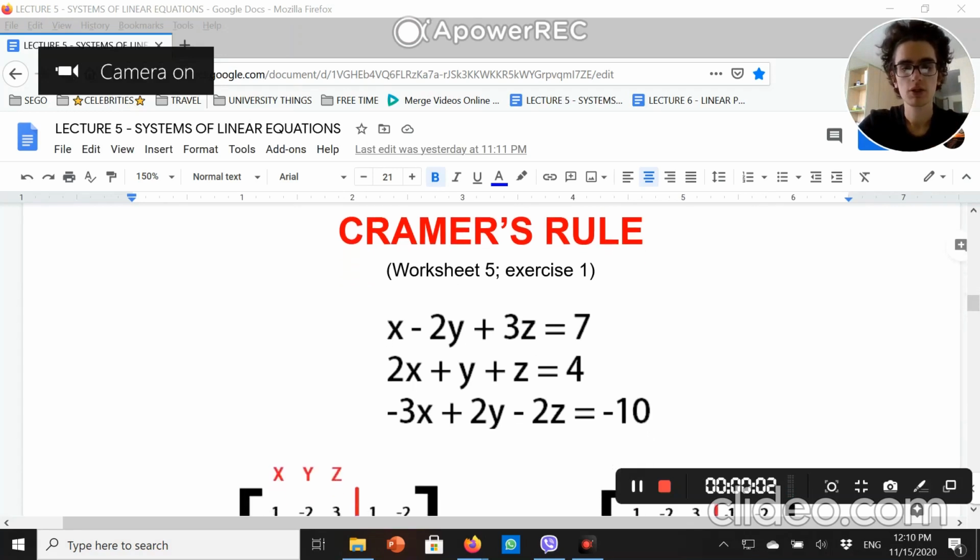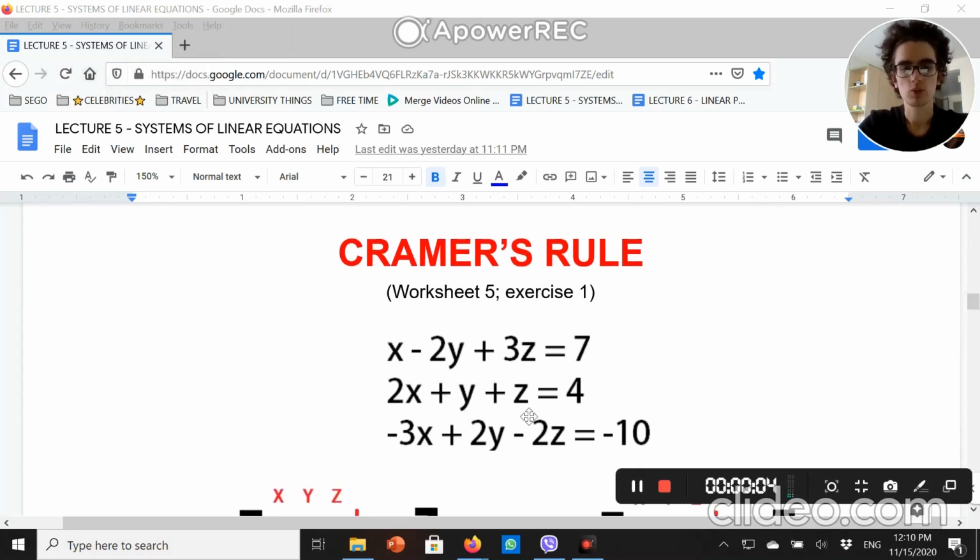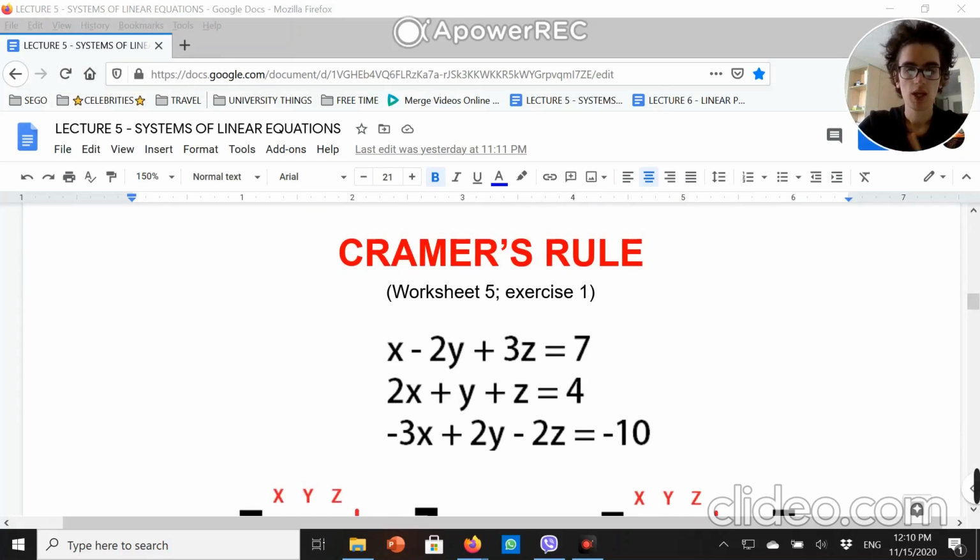Second equation, we have 2x plus y plus z equals 4. And the third equation would be negative 3x plus 2y minus 2z equals negative 10. And our question is, what would be the values for x, y, and z?